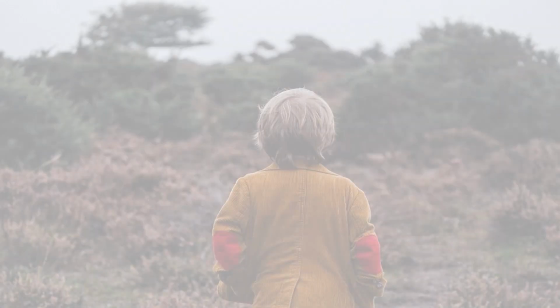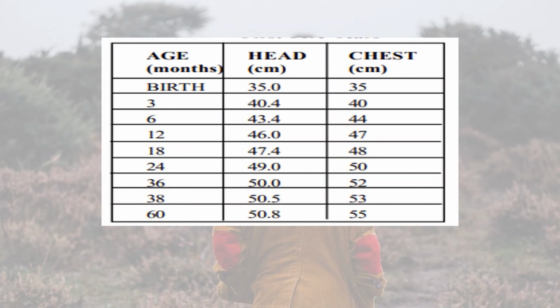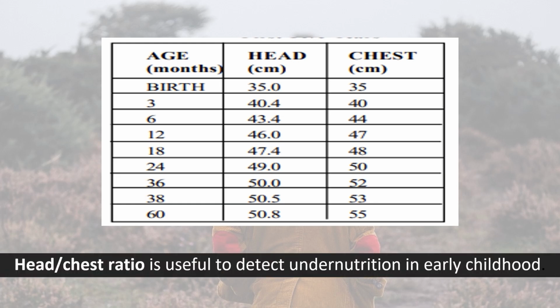If you take the head and chest circumference at 6 months, the standard values have been presented here. At 6 months, the head and chest circumference are almost equal. Thereafter, during the second and third year of life, the chest grows at a faster rate than the head circumference.